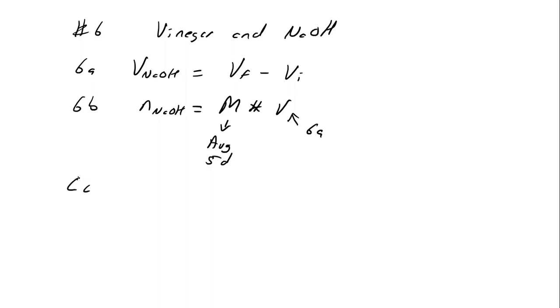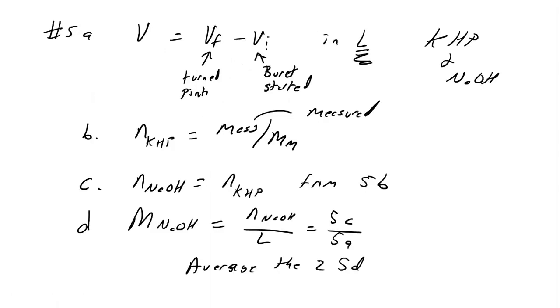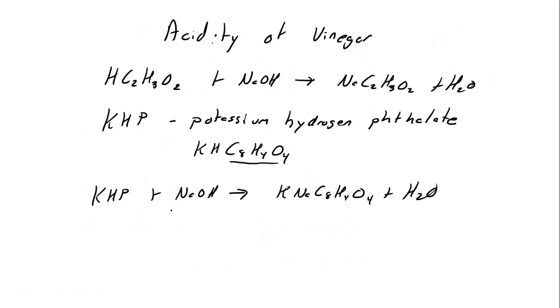6C is going to be the moles of KHP. Okay? So again, looking back at the balanced reaction, if I have these many moles, how do I find the moles of KHP? I have now the moles of sodium hydroxide.